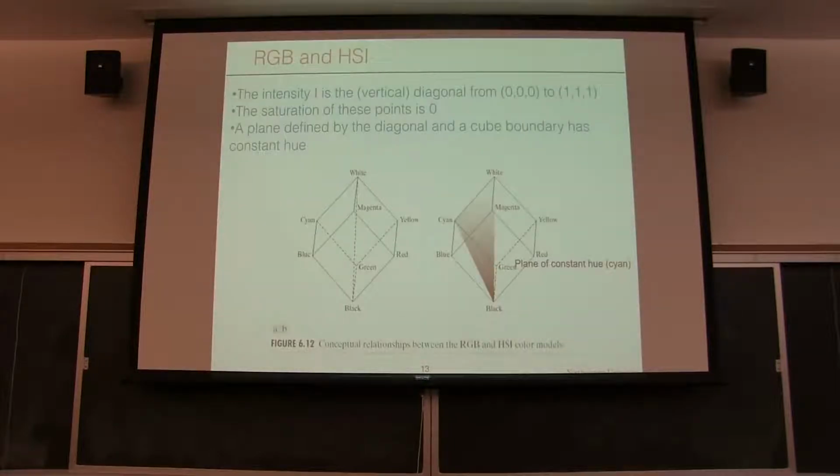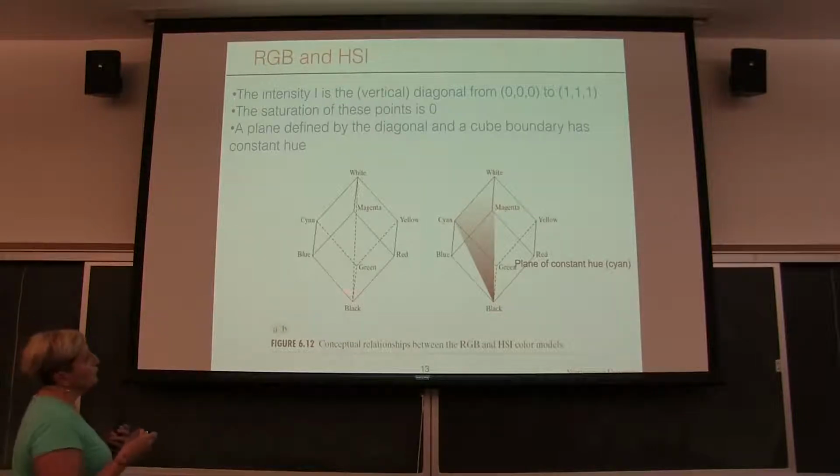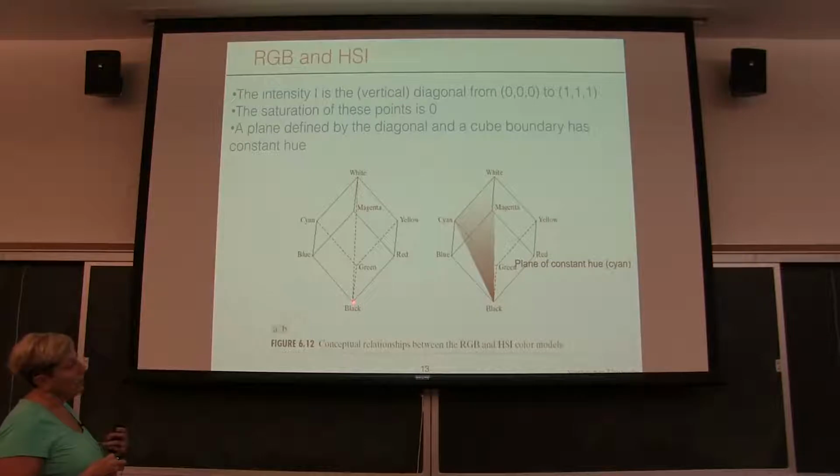And what we're going to do for that is look again at the RGB cube, and see where hue and saturation are represented in that cube. All right, so I want you to look at this cube. Again, it's a unit size cube. One corner is black, which remember was at the origin of the RGB color map.